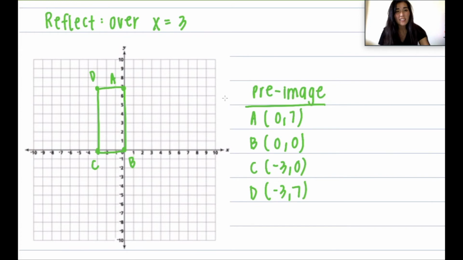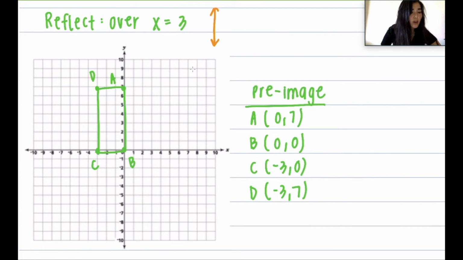Here is our next example then for reflections. So again, reflection is going to give you a specific line to reflect the shape over. In this case, it says x is equal to 3. Now, as a quick reminder to you guys, what that means is this. Anytime you have x equals, remember that this is going to be a vertical line going up and down.